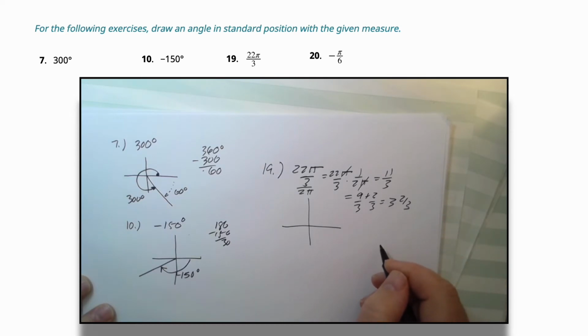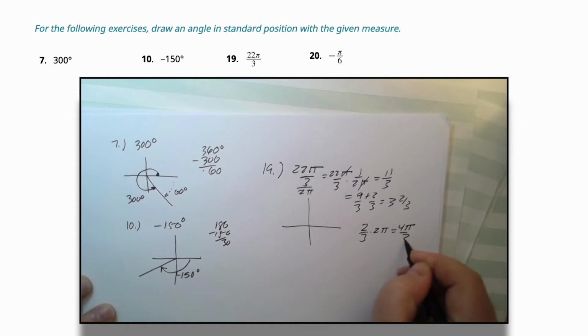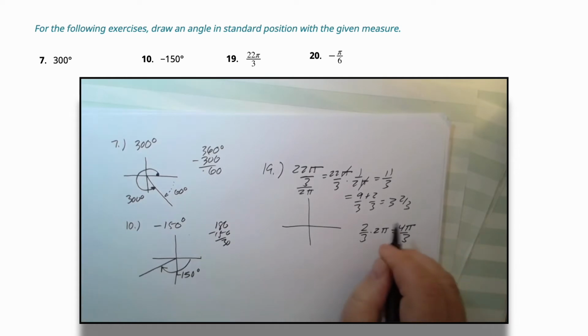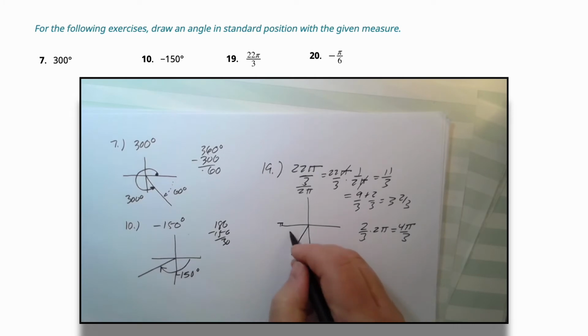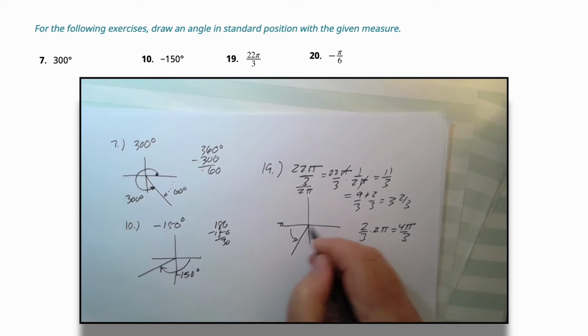Now 2/3 of a rotation would be 2/3 times 1 rotation, which is 2 pi, so that'd be 4 pi over 3. So 3 pi over 3 would be here, that would be just pi, so it's just one more pi over 3.